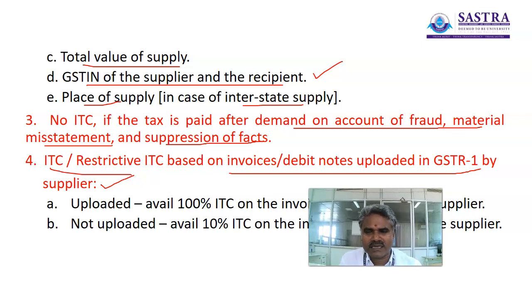So if the supplier has uploaded, you can avail 100% ITC on the invoice uploaded by the supplier. Once you complete the uploading process, you can collect 100% ITC. ITC is a benefit for you. It's a profit.